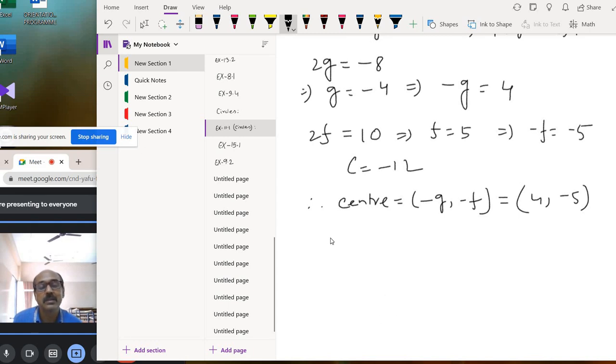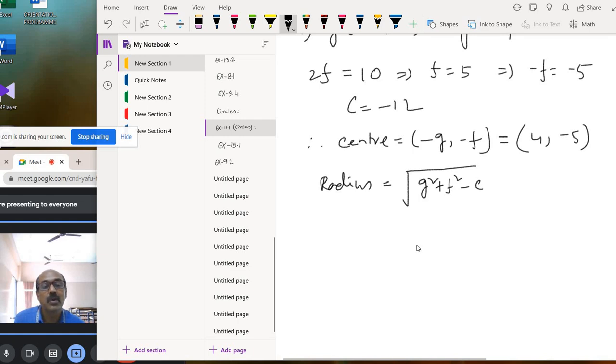Now radius, under root g square plus f square minus c. So g is 4, that is g square 16, f square is 25, and c equal to minus 12, minus minus, so plus 12.